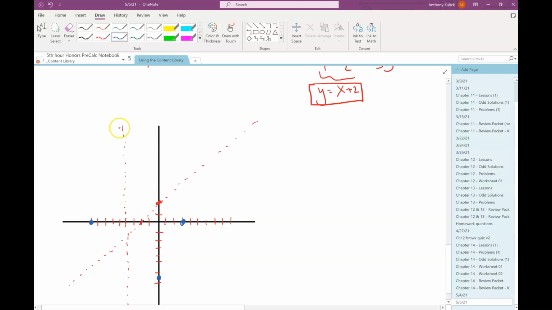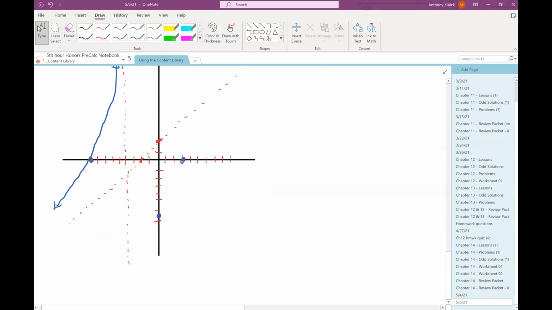On the left side of -4, I know I have to be coming from the positive because I got to get through this x-intercept, and I couldn't do that from below without crossing that slant. So I have something like this.